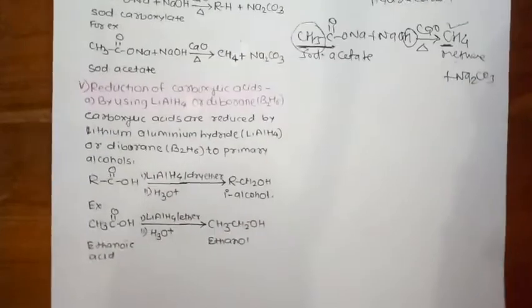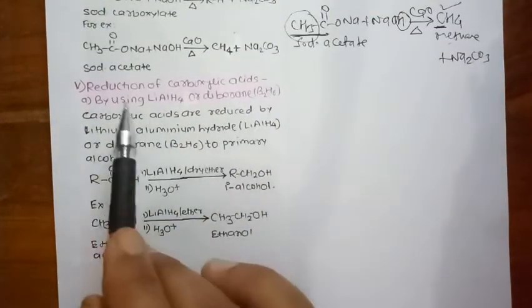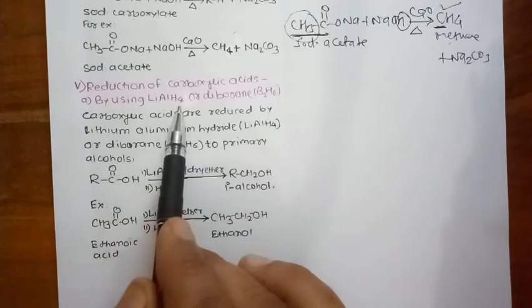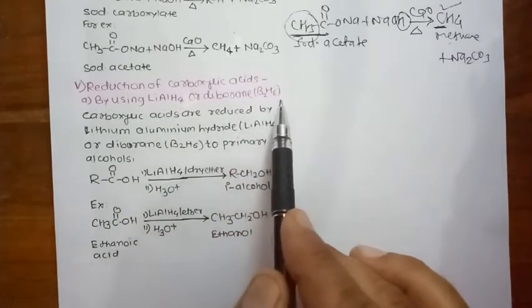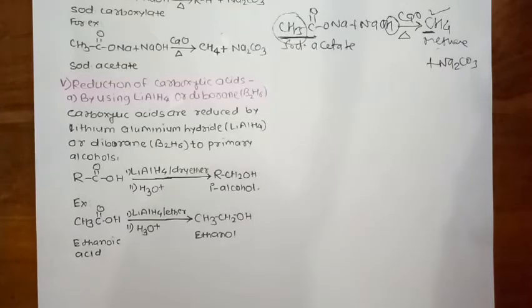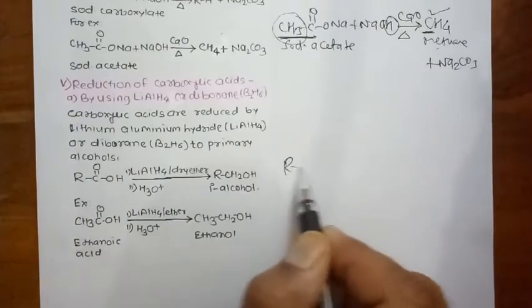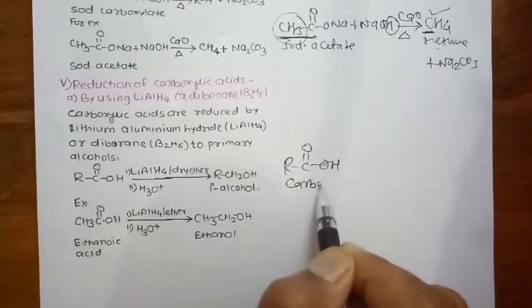And the last reaction, that is reduction of carboxylic acids by using LiAlH4, or instead of LiAlH4 we can use diborane. Carboxylic acids are reduced by lithium aluminum hydride or diborane into primary alcohols. Here it is RC double bond OH, the carboxylic acid.